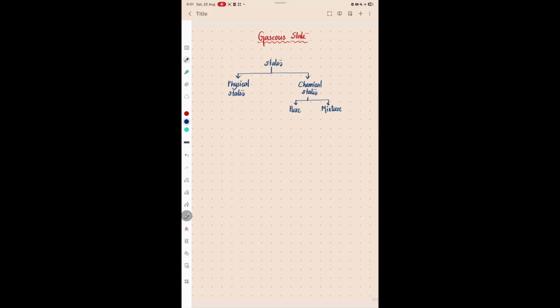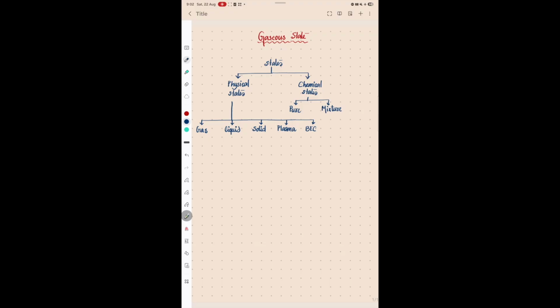And physical states can be further divided into 5 categories. One is gas, then liquid, then solid, then plasma, and the fifth one is Bose-Einstein condensate, right?